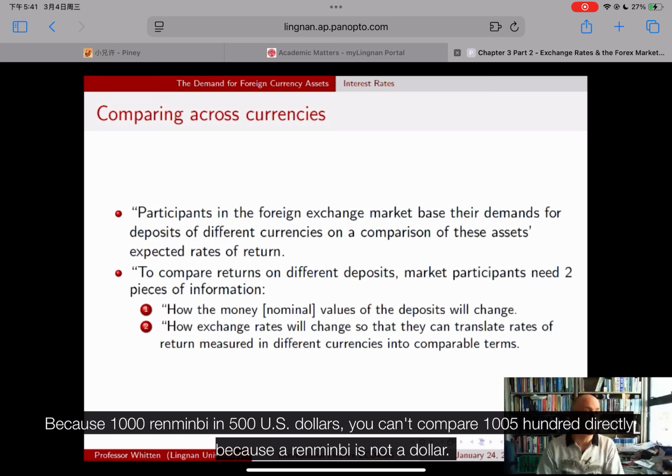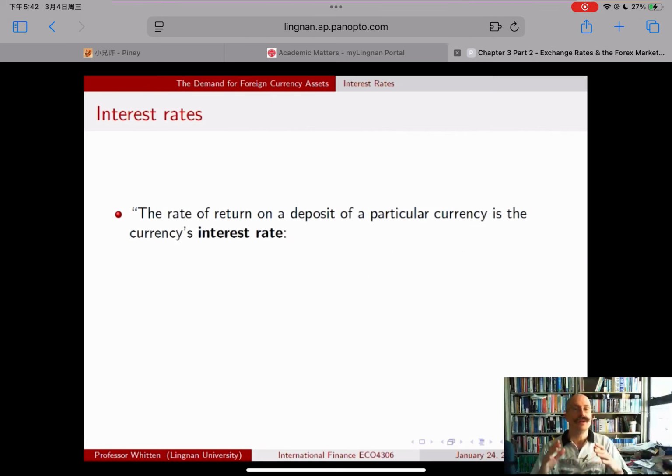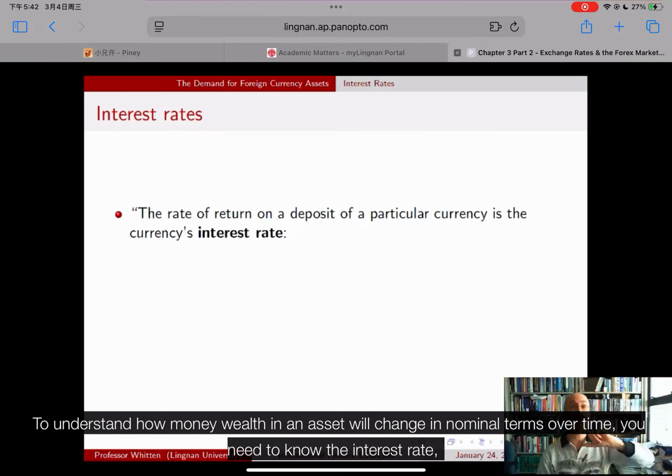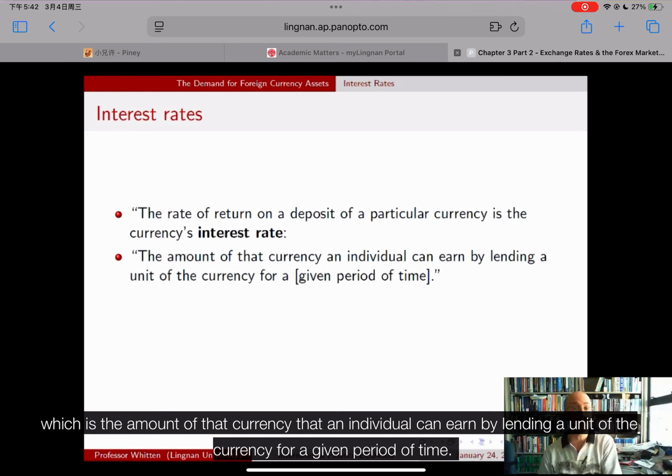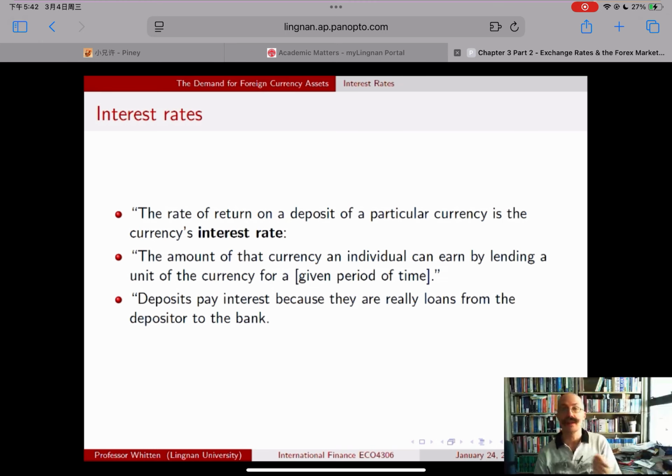Because 1,000 renminbi and 500 US dollars, you can't compare 1,000 and 500 directly, because a renminbi is not a dollar. To understand how money, wealth, in an asset will change in nominal terms over time, you need to know the interest rate, which is the amount of that currency that an individual can earn by lending a unit of the currency for a given period of time.